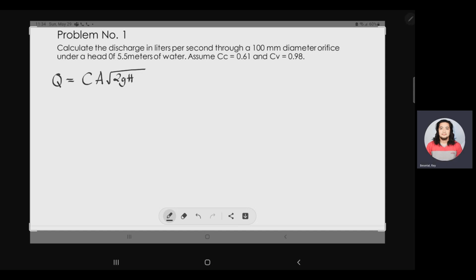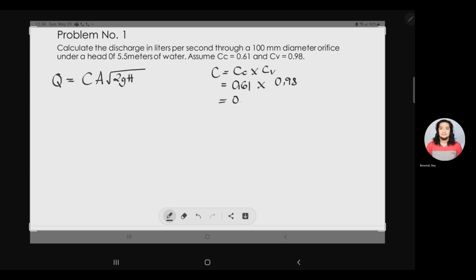So, yung ating C, or coefficient of discharge, makukuha natin yan with the formula na Cc times Cv. So, yung Cc natin is 0.61 times Cv na 0.98. So, ating coefficient of discharge na C is equals to 0.5978.